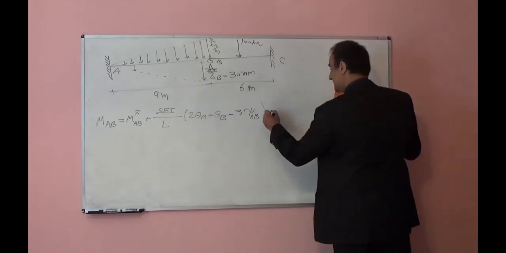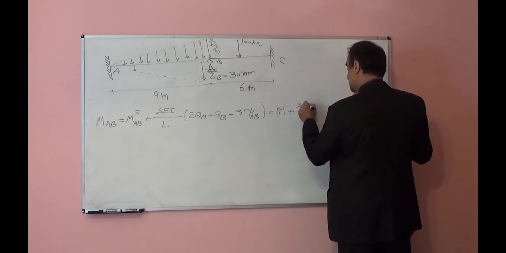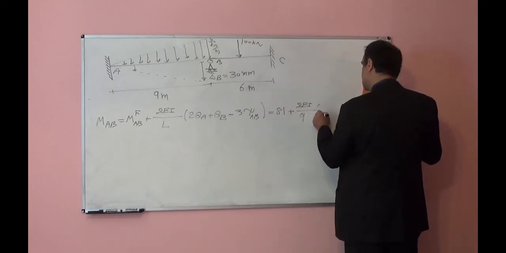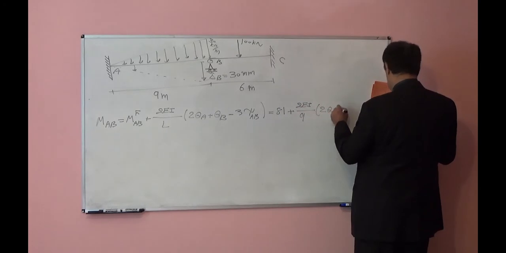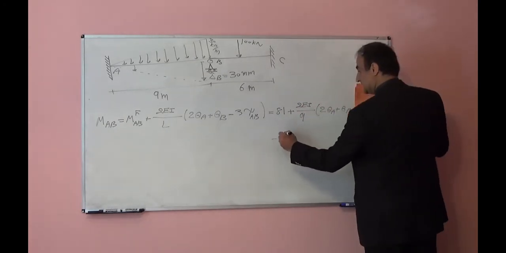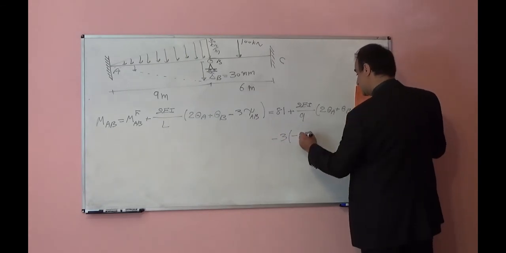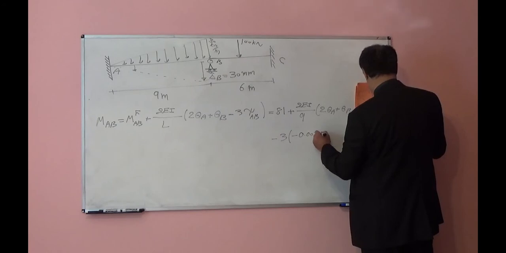So this will be equal to 81 plus 2EI over 9 times 2 theta A plus theta B minus 3 times psi AB, which was negative 0.0033.